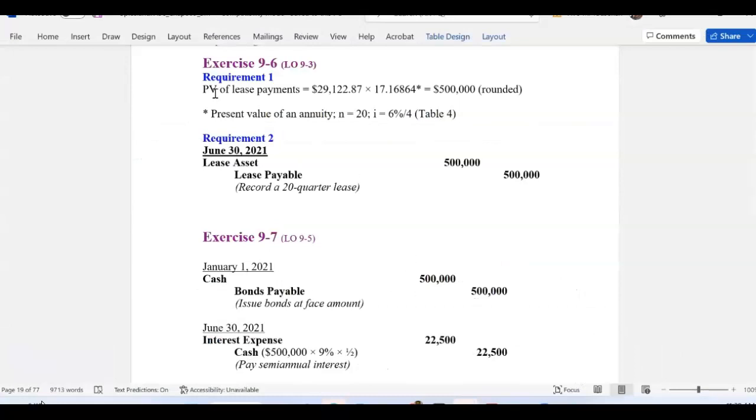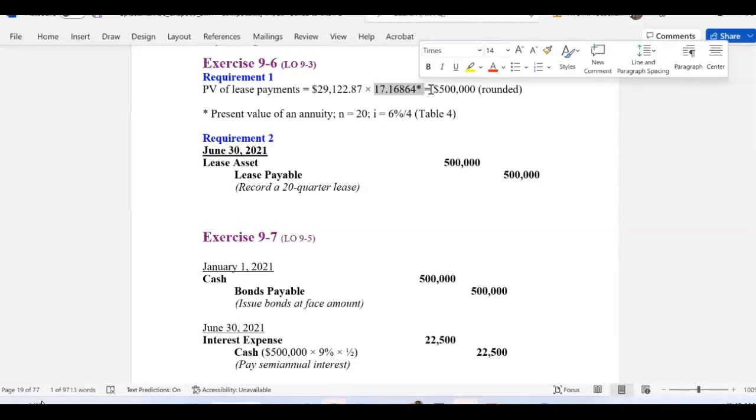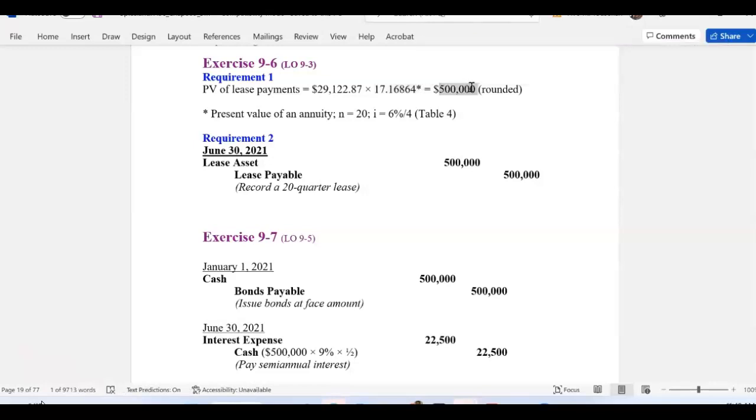Okay, so here is the solution anyway. The present value of the lease payments is the $29,000 quarterly payment times a factor, and that ends up being $500,000 present value. Okay, the factor: this one is a round number and it's 4 times a year.